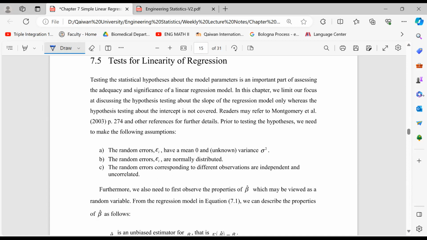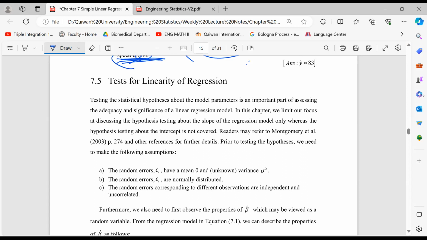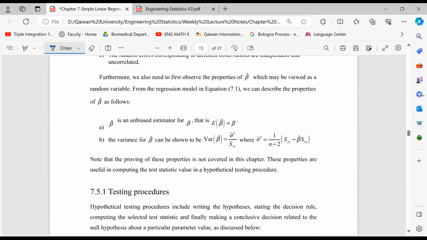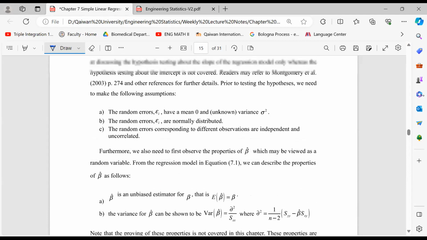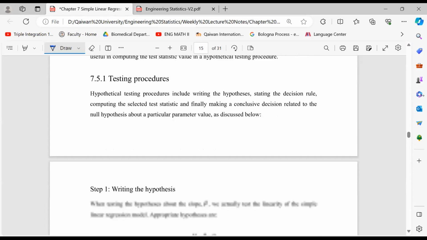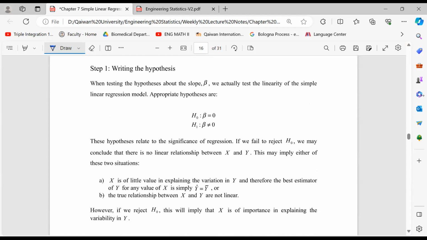Now we have the test of linearity of regression. Here we have two methods, T and F, for testing the linearity of regression. Let me check here first.